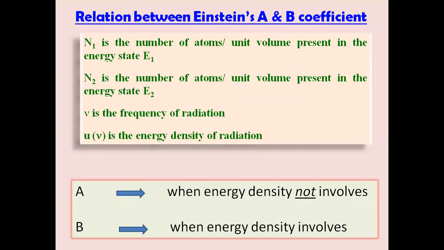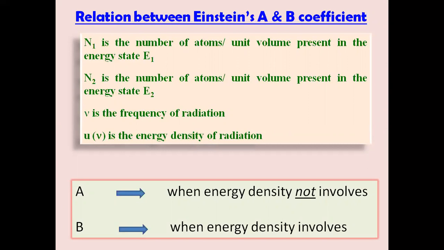Now we discuss the relation between Einstein's A and B coefficients. Situation is like that. N1 is the number of atoms per unit volume present in the energy state E1, and N2 is the number of atoms per unit volume present in the energy state E2. E1 is the lower energy state, E2 is the higher energy state.